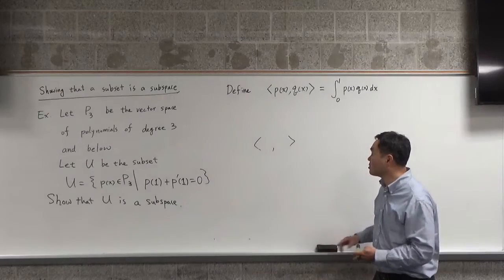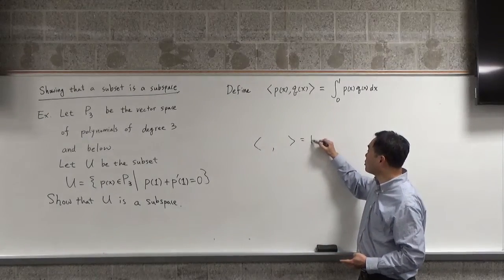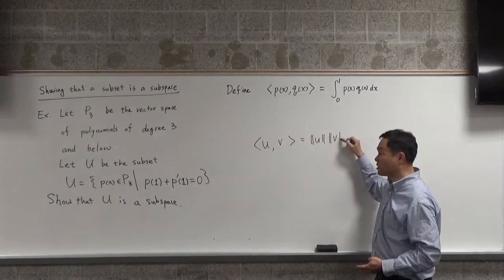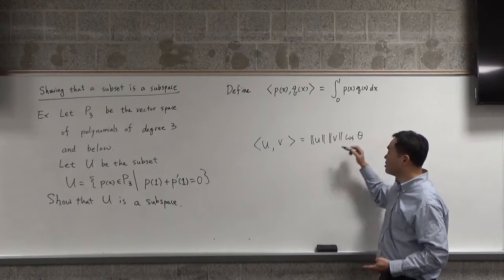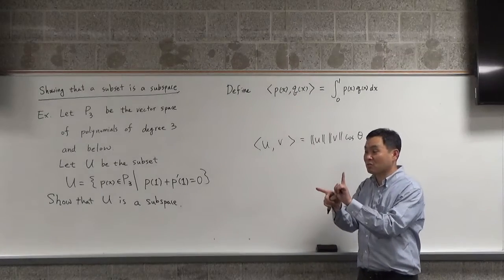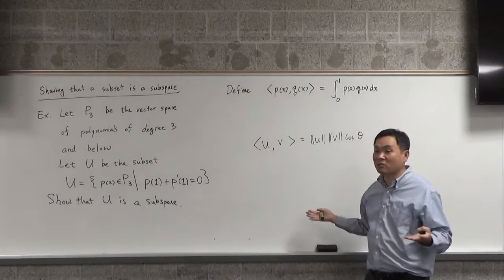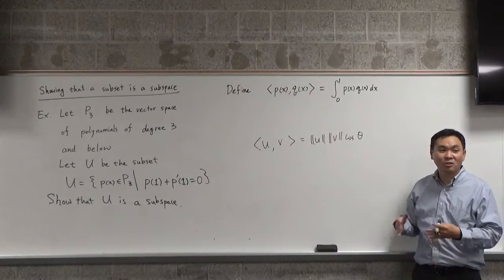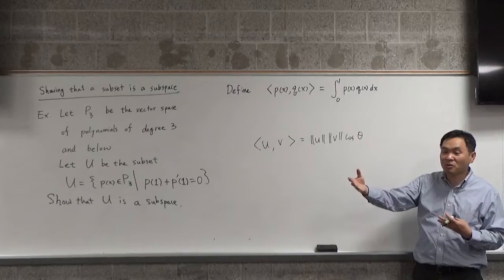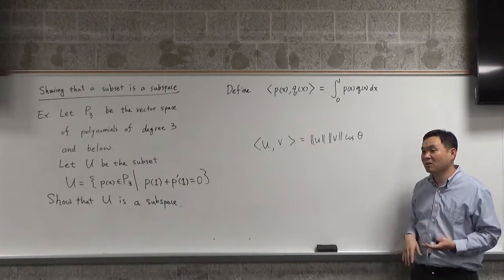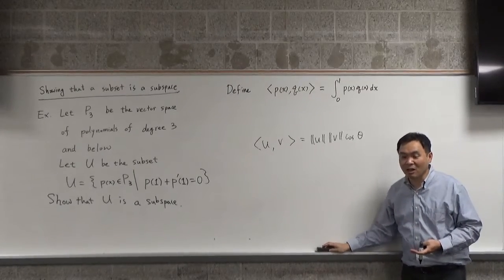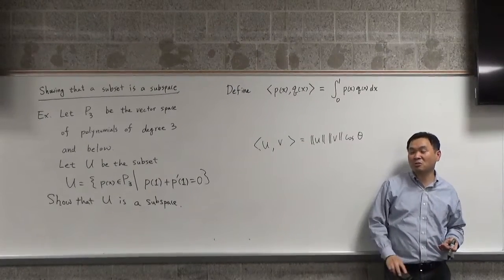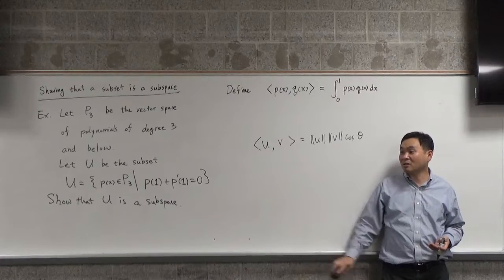And also because the inner product is the norm of one vector times the norm of another vector times the cosine of the angle between, now you can measure angles between the vectors. So once you have the inner product, you can do all kinds of things. You can measure distances, you can measure angles. You can talk about which is further away, which is closer, and that allows you to do many things. Like for example, in machine learning, you probably learned k nearest neighbors, right?